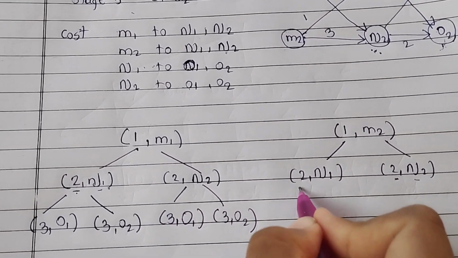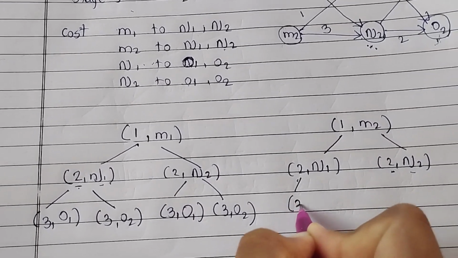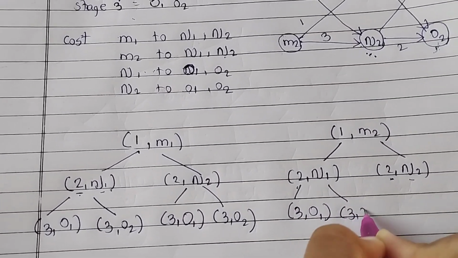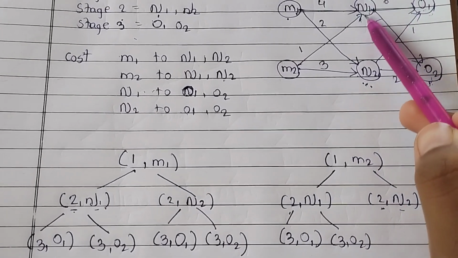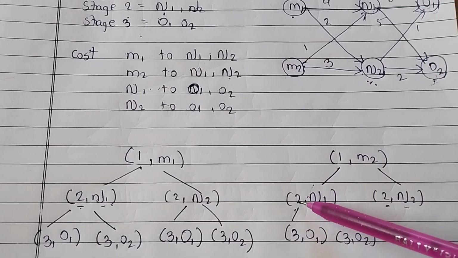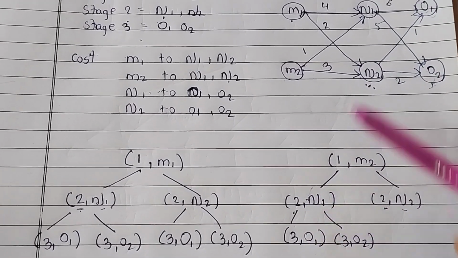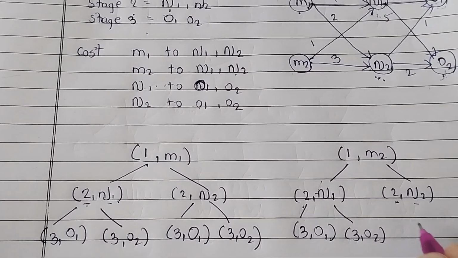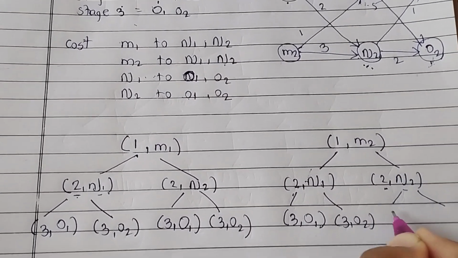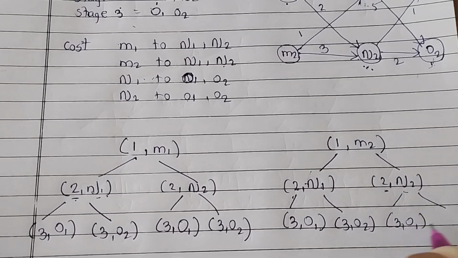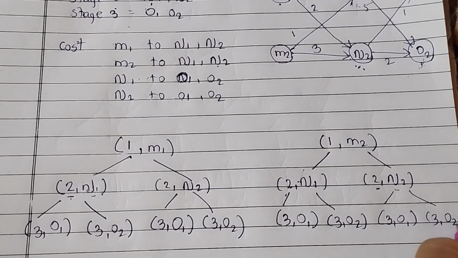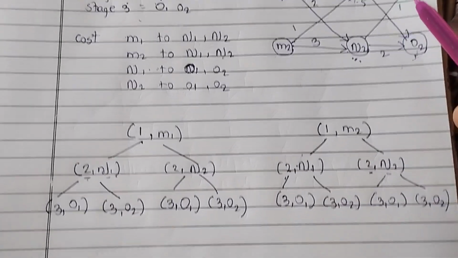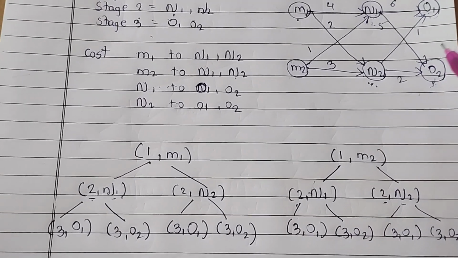Same for the other graph: third stage O1 and O2. Now this O1 and O2 do not reach anywhere, so we stop here.